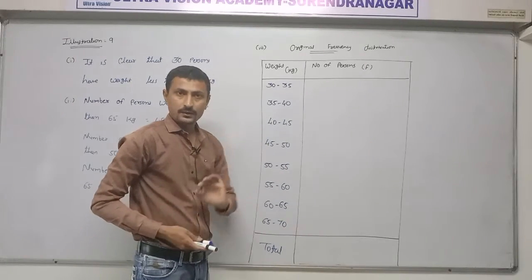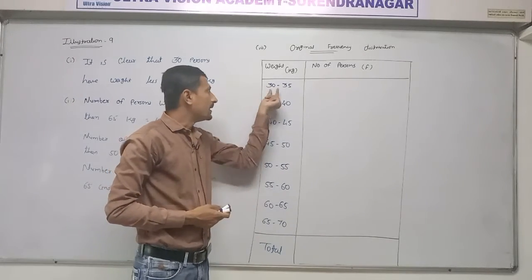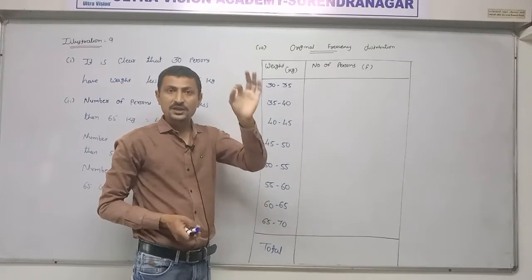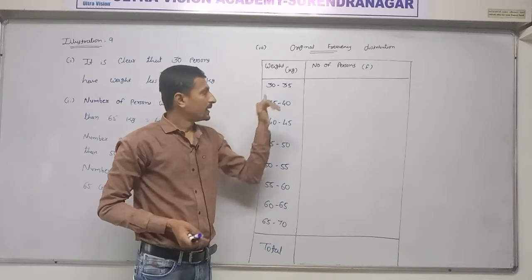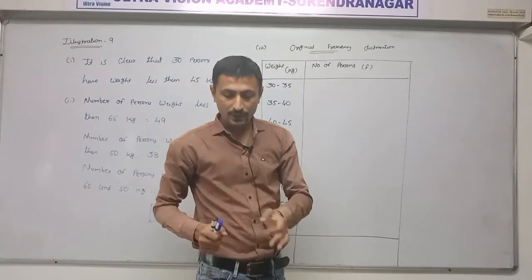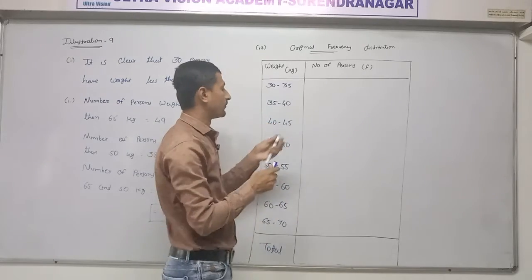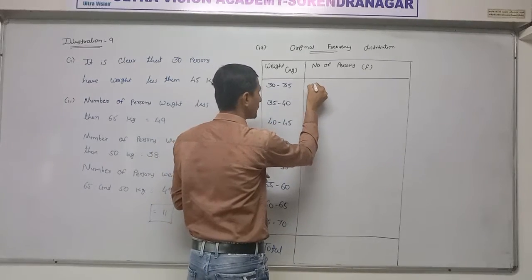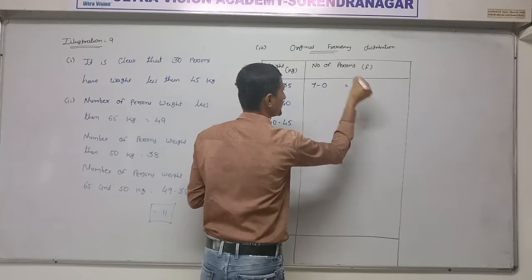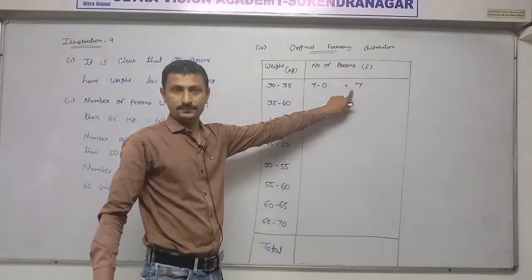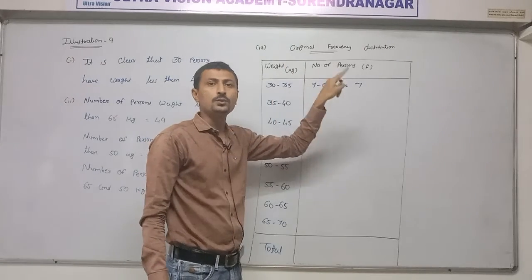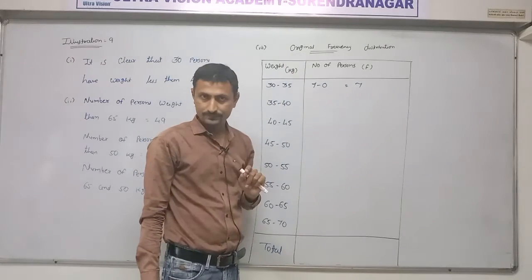Check it here. Less than 30, the cumulative frequency is 0, and less than 35 kg, the cumulative frequency is 7. So for the first class, the number of persons is 7 minus 0, so 7 persons have weight between 30 and 35 kg.